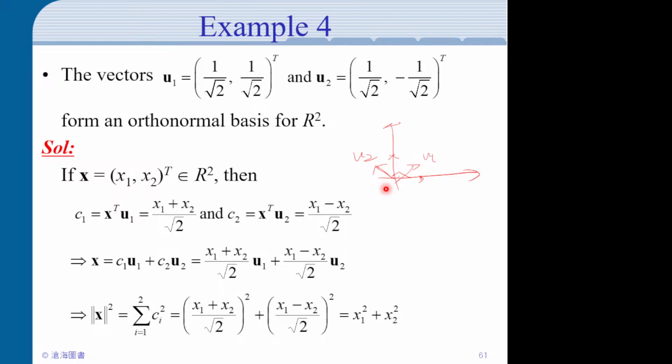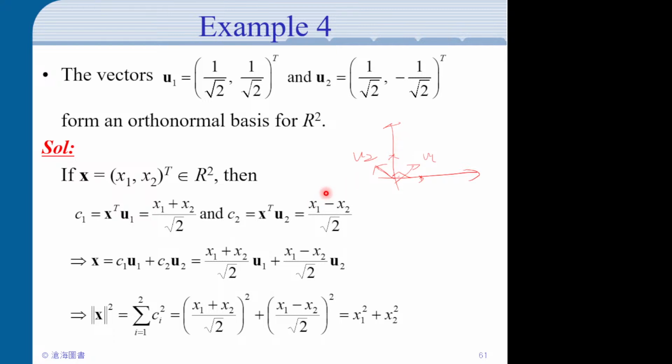For example, we have a vector x1, x2 inside the plane, and the coordinate of x on u1, u2: c1 is x inner product with u1, that's x1 times 1 over square root 2 plus x2 times 1 over square root 2. And the coordinate c2 will be x1 minus x2 times 1 over square root 2.